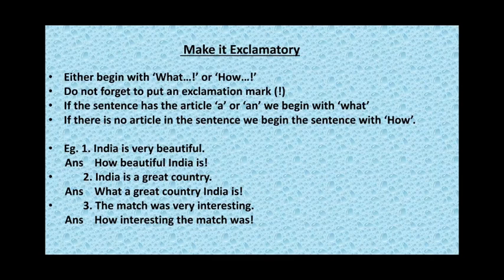If we read the sentence as what interesting the match was, it is grammatically incorrect. So that is why here we have used how. How interesting the match was. And children, remember, always put an exclamation mark after an exclamatory sentence.